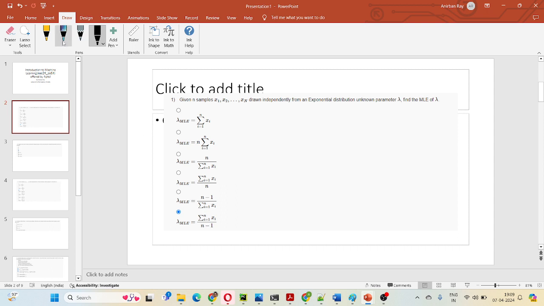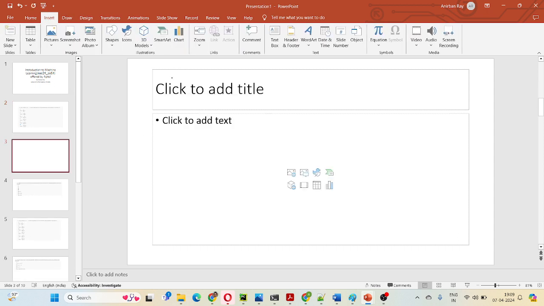The distribution here is the exponential distribution, and this is the PDF, the probability density function, with parameter lambda. They have asked us to calculate the value of lambda for the x1 to xn data set that is given.